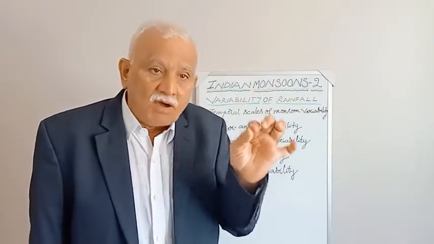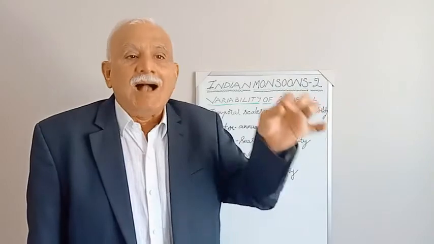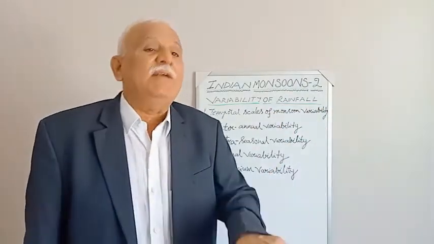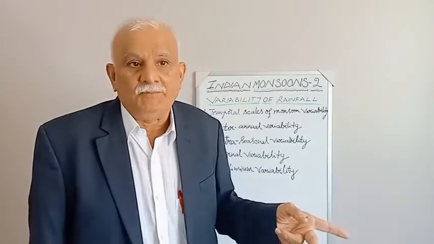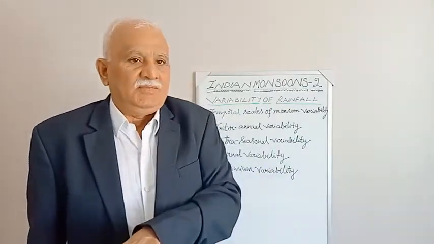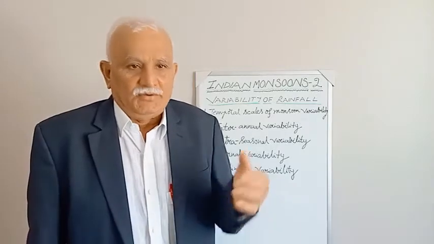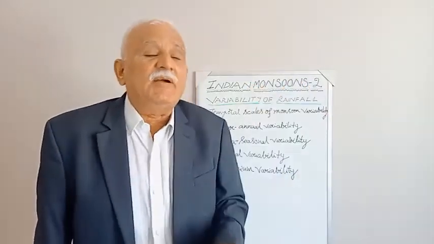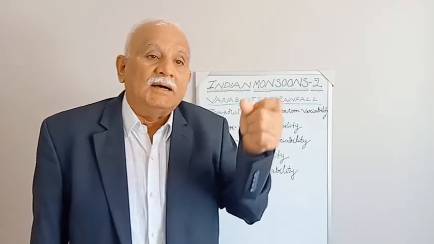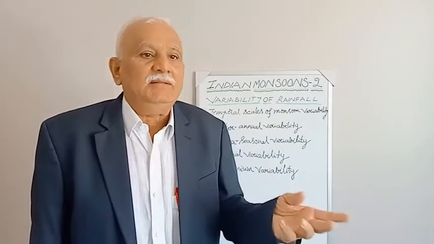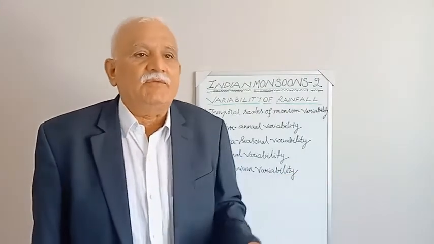The monsoon is occurring with a reassuring regularity. Number one, there is a variability, spatial and temporal, annually, intraseasonally, even diurnally also. These are the scientific findings of the research of the India Meteorological Department, and these are all the things that I have taken from their monograph.